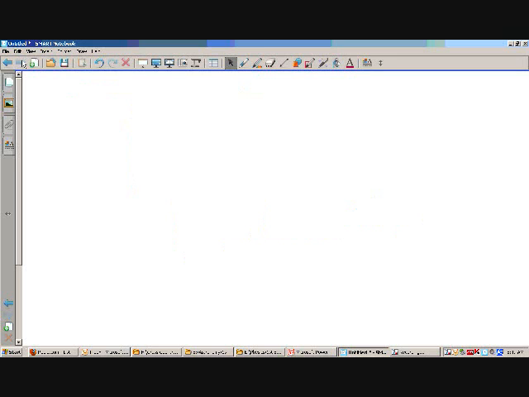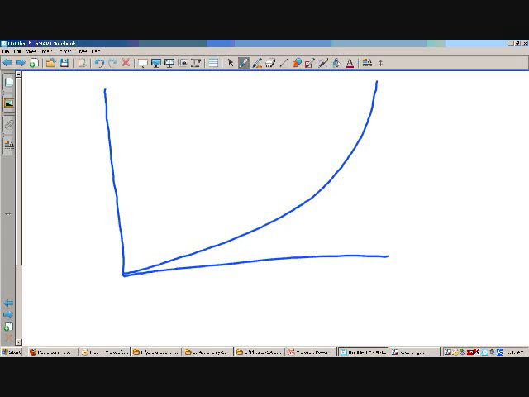Now, let me redraw this on a large scale. So this is 5 seconds, and it's still a velocity versus time graph.